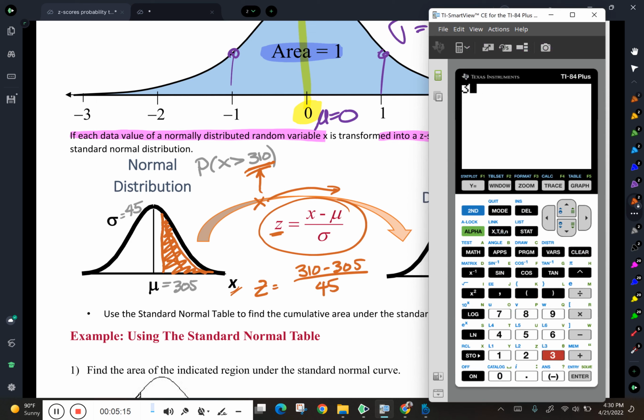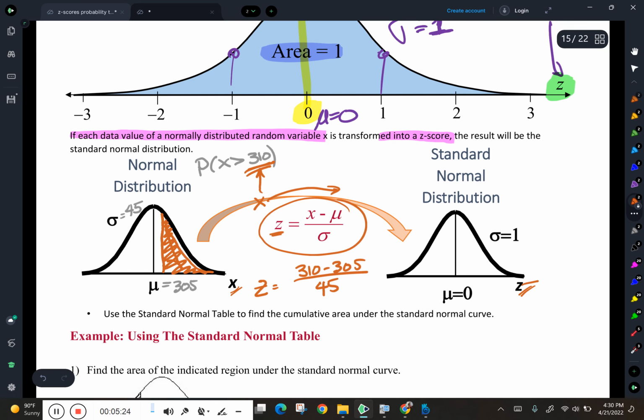So 310 minus 305 is 5, divided by 45, and I get a z-score of 0.1 repeating. So that same value over here and the same tail over here would just mean to find a probability where z is greater than 0.1 repeating.